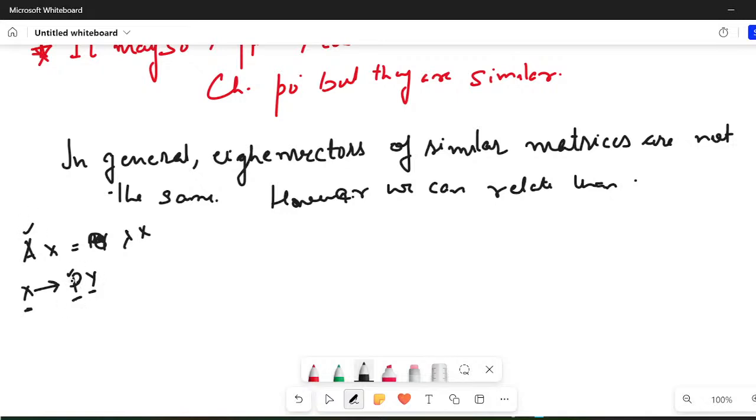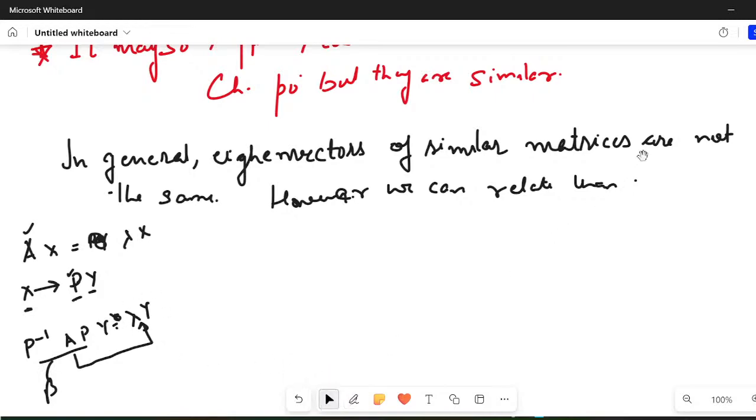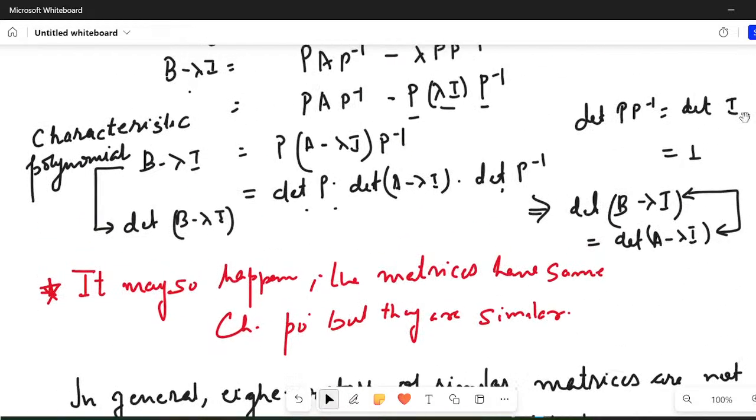And once I find this P, then I will be able to diagonalize A. And what did I get? I got P inverse AP y is equal to lambda y. So it guaranteed me the similarity of the eigenvalue. This was like B, and B when operated on y gives you lambda y. So B also has the same eigenvalue as that of A, right? This is what we did earlier.